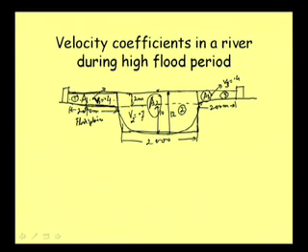So we are considering that velocity here as V1 0.4, which represents the velocity at all points here. Okay. Then V2 is the velocity which represents the velocity at all points. V3 is the velocity which represents the velocity in this entire section.